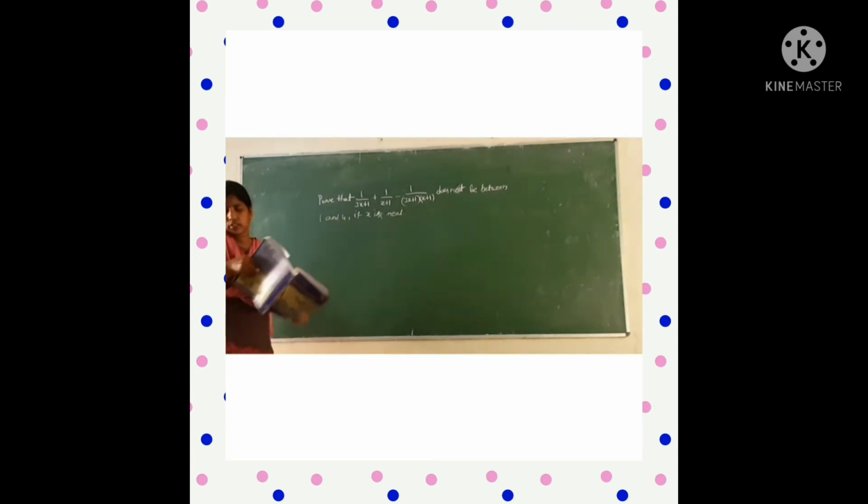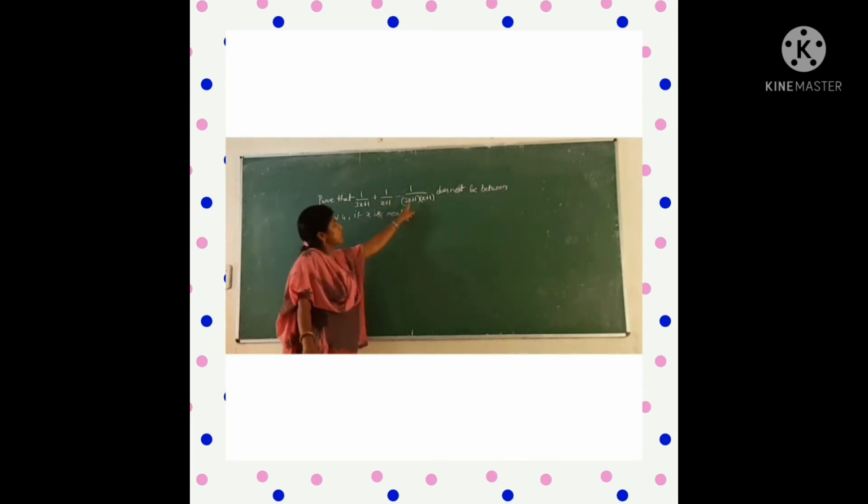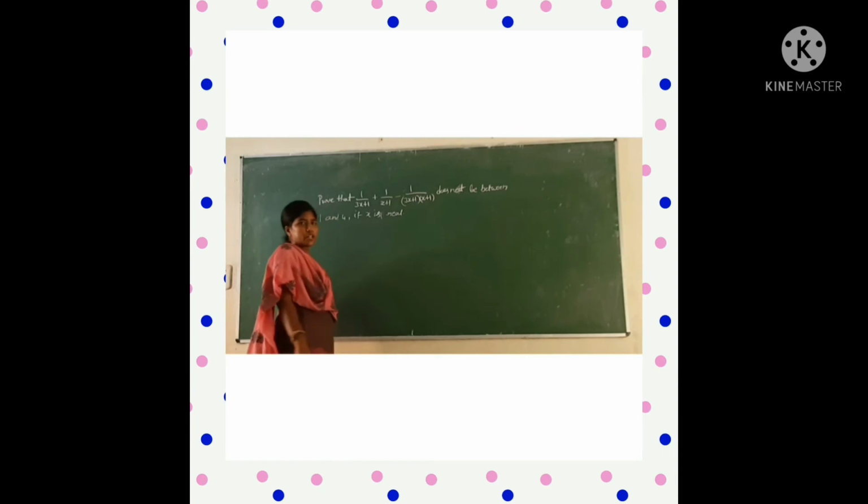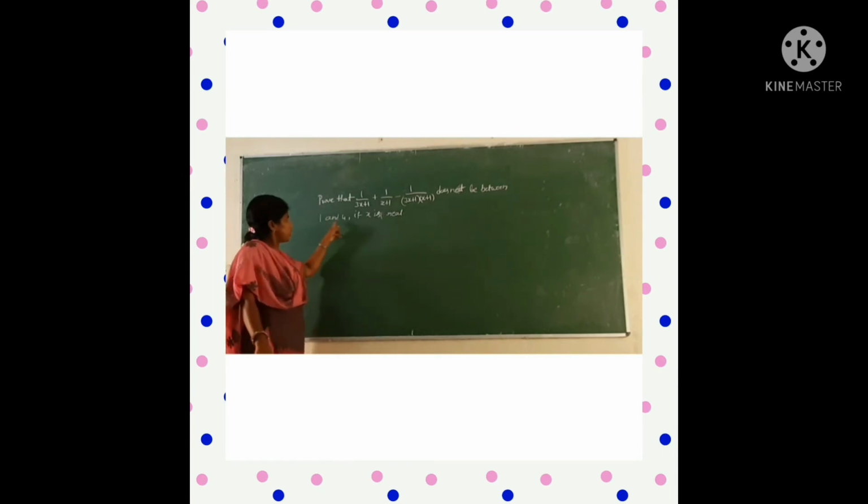Okay, prove that 1 by 3x plus 1 plus 1 by x plus 1 minus 1 by 3x plus 1 into x does not lie between 1 and 4 if x is real.